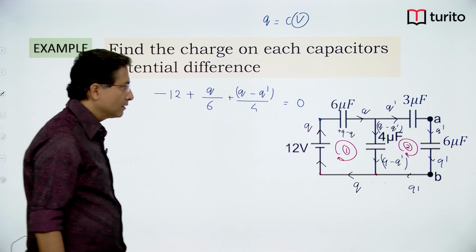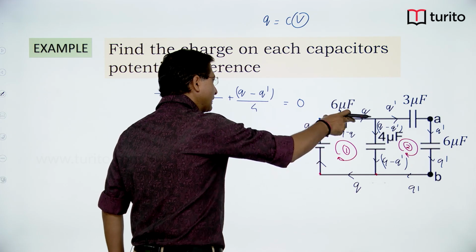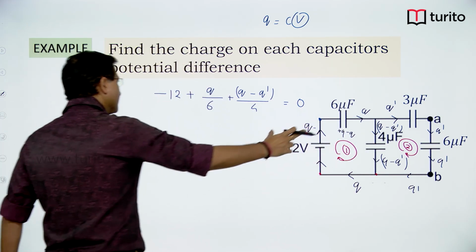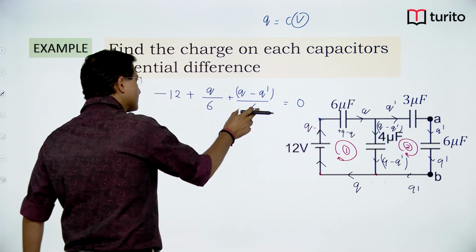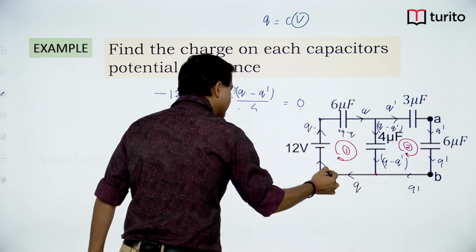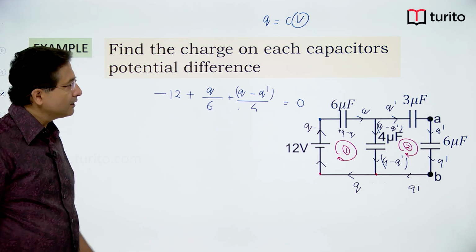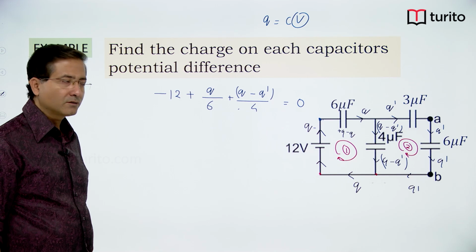So, in this loop there were 3 elements. For the first element, the battery, I have written this term, for the second element I have written this term, for the third element I have written this term, then I reached here. There is no element in this branch, there is no fourth term, only 3 elements, 3 terms came and the first equation is over.